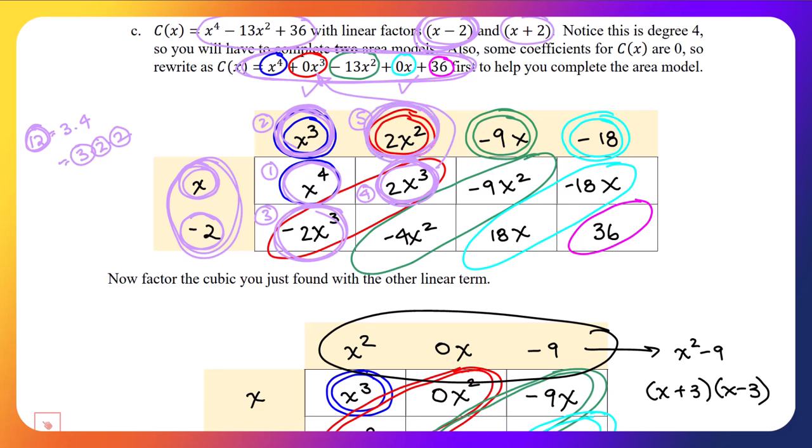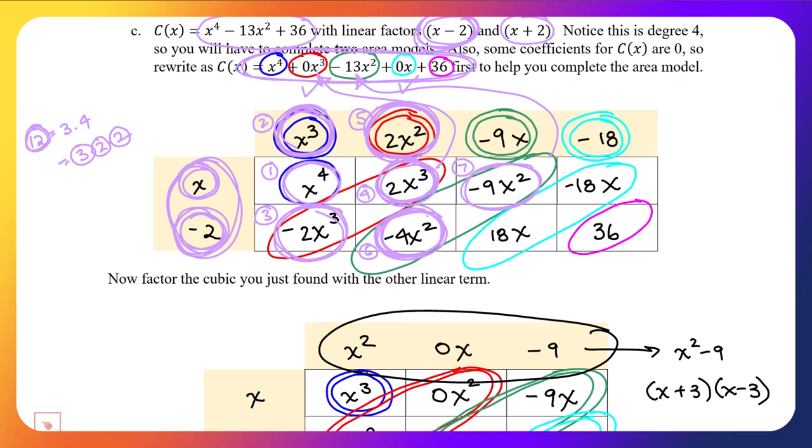Well then, 2x to the second times this negative 2 is negative 4x to the second, the sixth thing I fill in. To make this green, negative 13x squared, I already have the negative 4x squared, I need negative 9 more x squared. That's the seventh step I fill in.